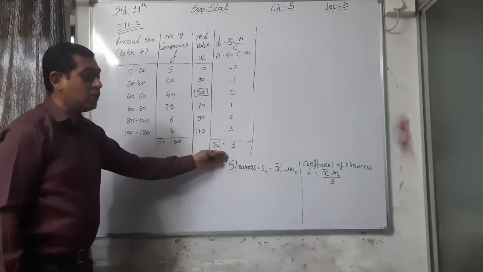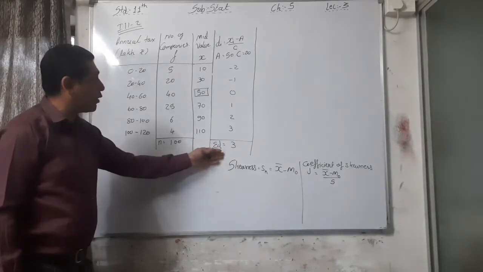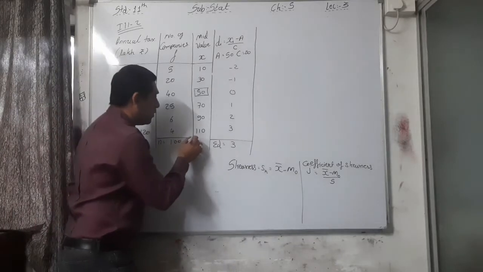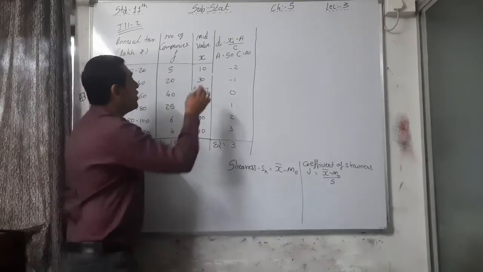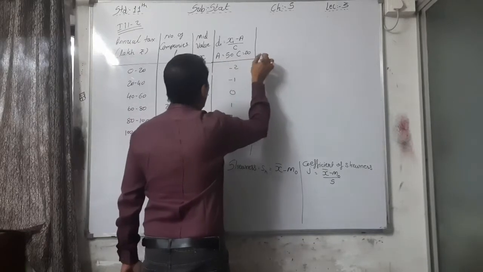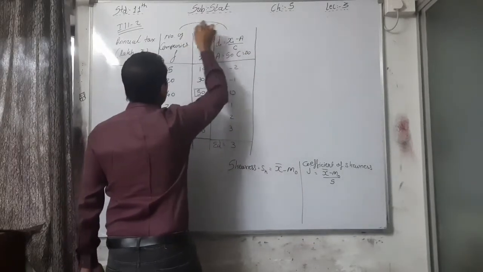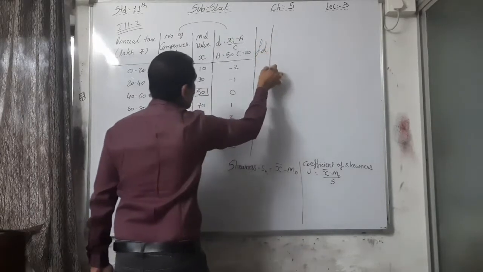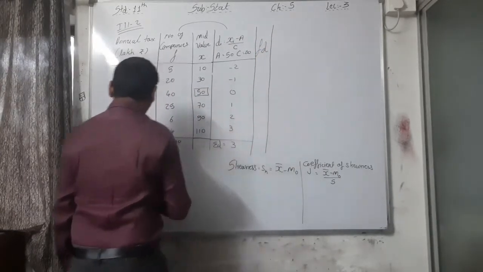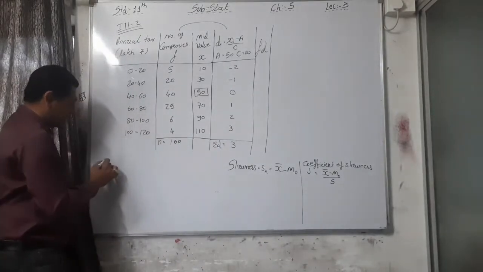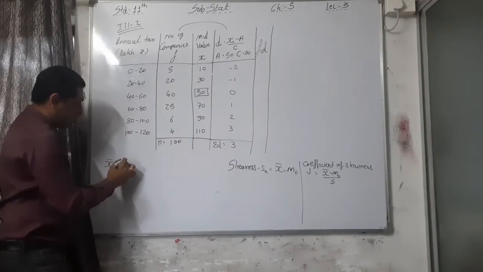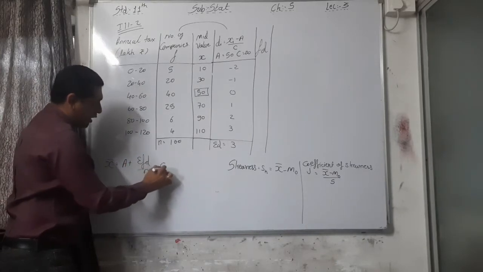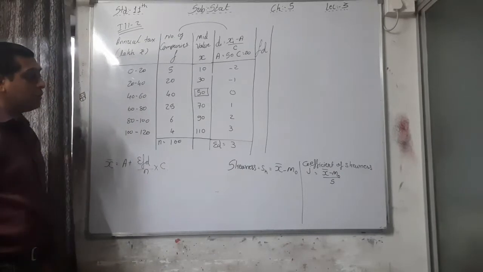But we don't need this. I am just doing the calculation and making a total of these, but the total of sigma d we did not need. We want FD, that means the multiplication of these two. See the formula of X bar: X bar is equal to A plus sigma FD upon N into C. This is the formula for mean.